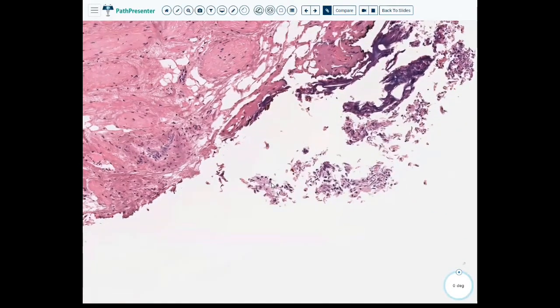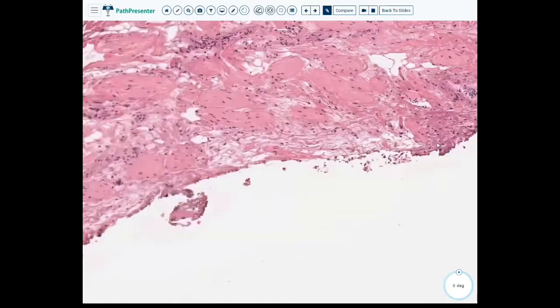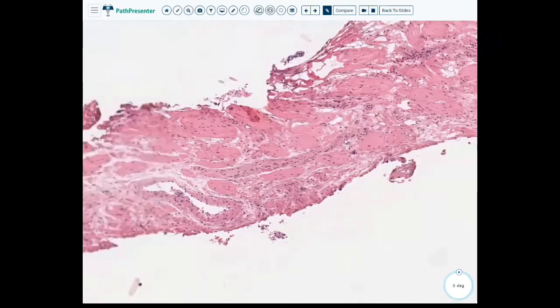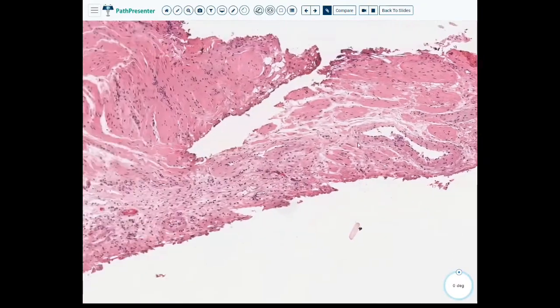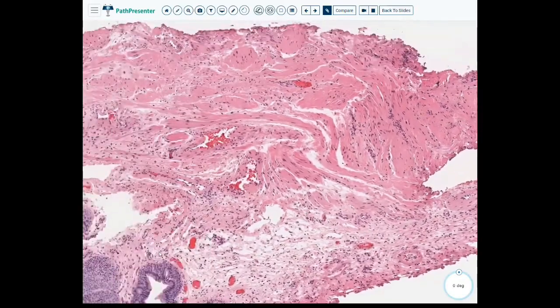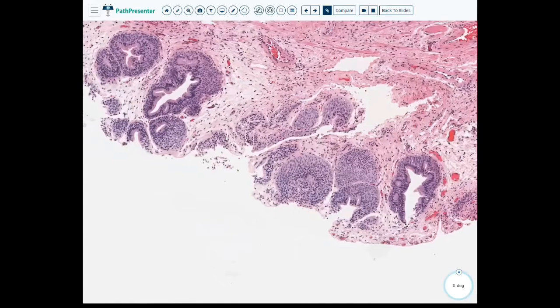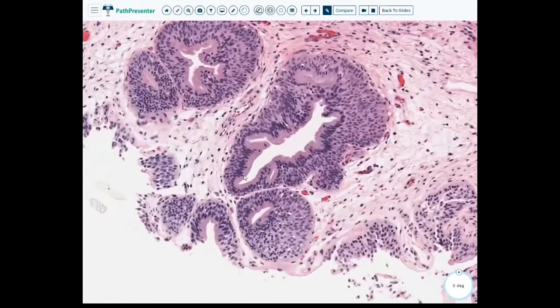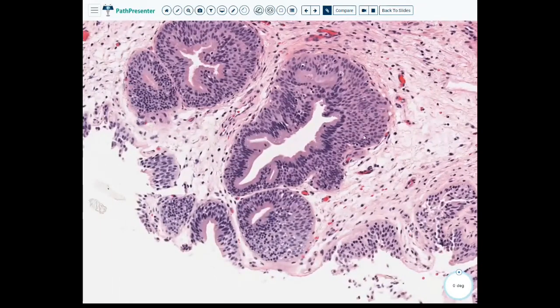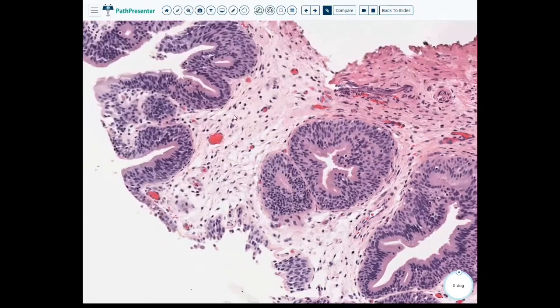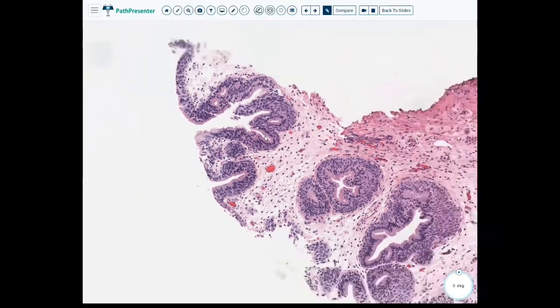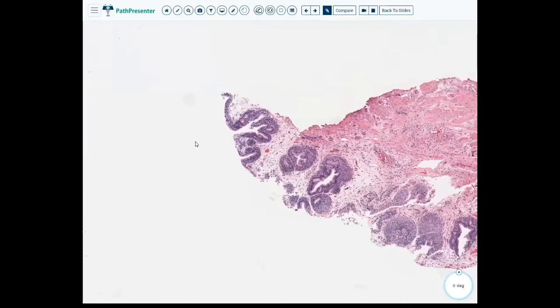It's just kind of pulled off. Okay. And we're kind of seeing the same thing over here. So we have this urothelial epithelium, and then this columnar type epithelium up here. So here is your cystitis glandularis over here as well. Okay, so that's case 1.